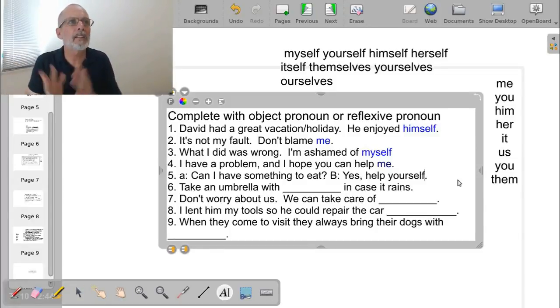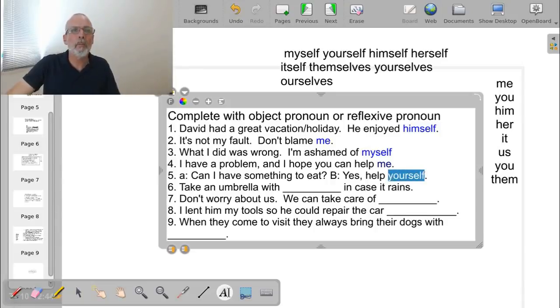Another way of saying it would be to serve yourself. I'm not going to come and bring you the food. The food is on the table, just take it. Help yourself. That's a common expression in English.